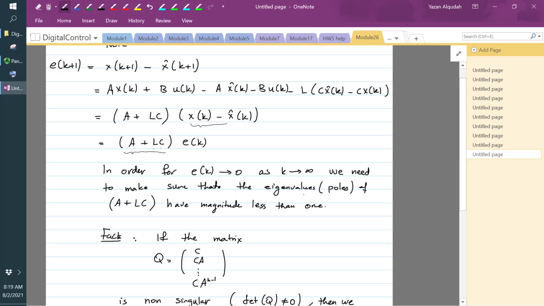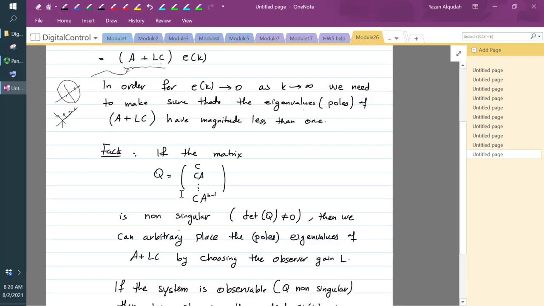Because if the eigenvalues, the poles of this matrix, are inside the unit circle, then they are all going to die out and go to 0. And if they go to 0, this means the error is equal to 0, and therefore I have a perfect estimate of the states of my system.